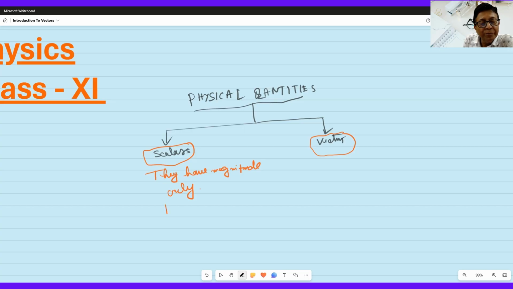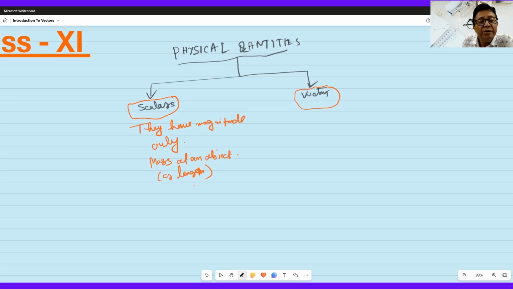So, just mass of an object, or length, they are scalar quantities. If you want to add two masses, one is say 5 kg, the other one is say 2 kg, then 5 kg plus 2 kg will give us 7 kg.